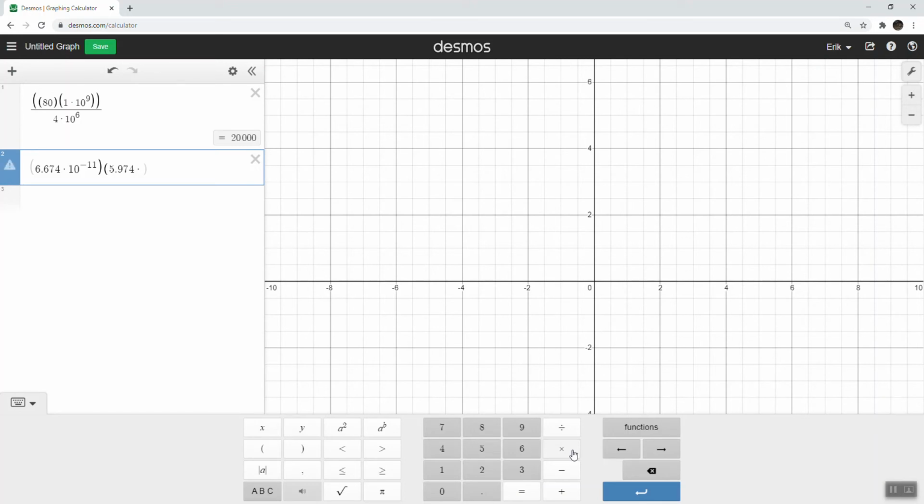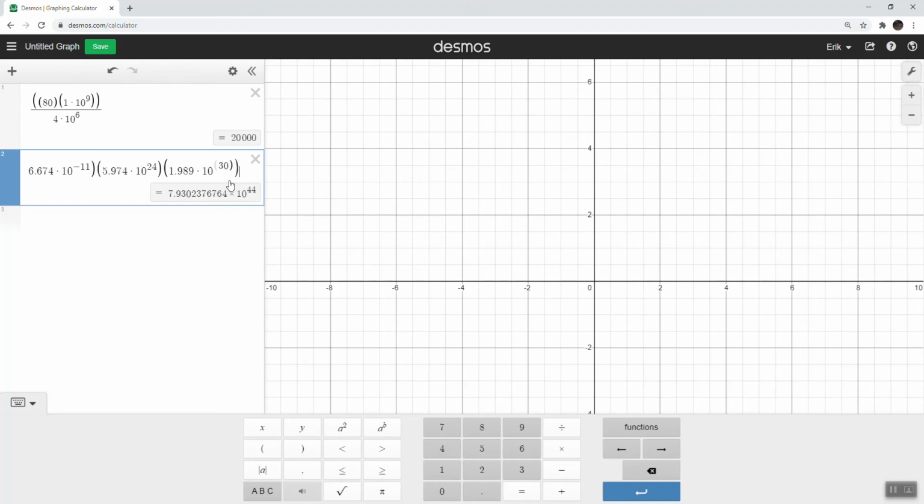So 5.974 times 10 to the 24th. Oops, I didn't need that in the exponent. And the last one. Now notice I haven't done the division yet, and we can see that the product of all those numbers is 7.9 times 10 to the 44th.